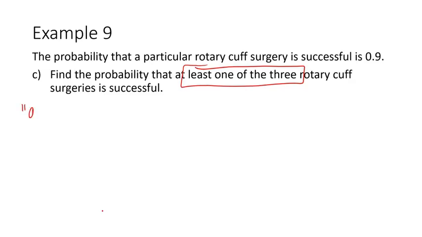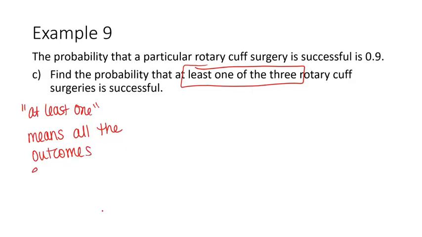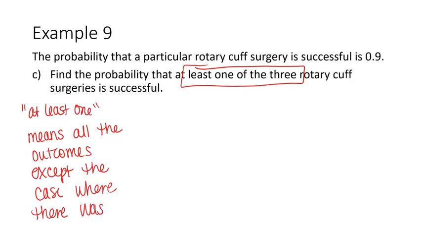If I want at least one of something, that means I want all the outcomes except the case where there was none.